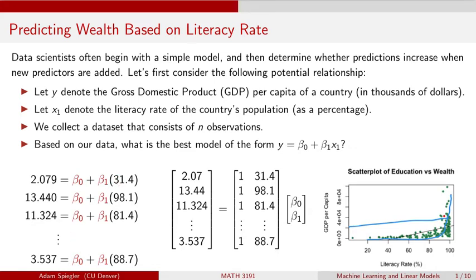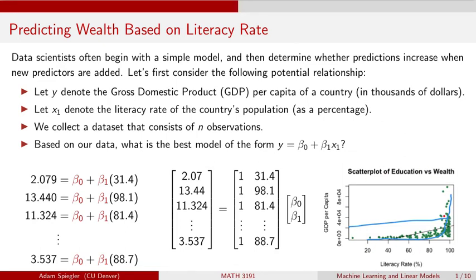And then the second column of this matrix is going to consist of all of the observed literacy rates for all n of my countries. And then we have a column vector of coefficients, regression coefficients, beta 0 and beta 1. So here we've set up a nice matrix equation to model this situation.